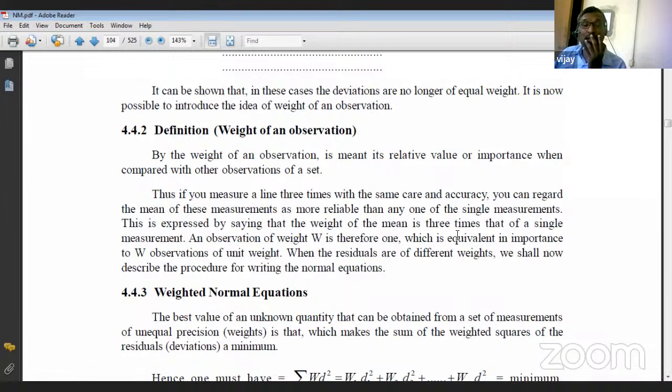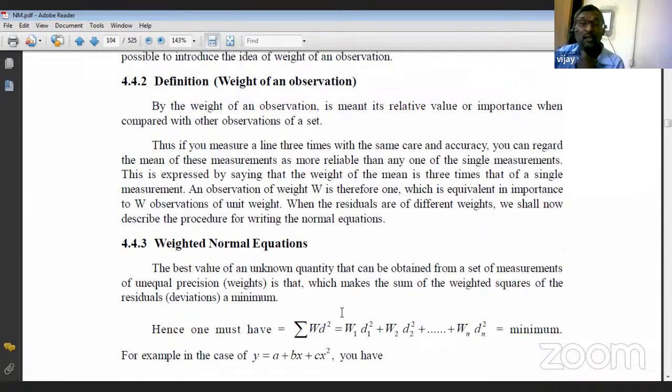This is expressed by saying that the weight of the mean of 3 measurements is 3 times that of a single measurement. The weight, written W, is the equivalent importance of an observation.